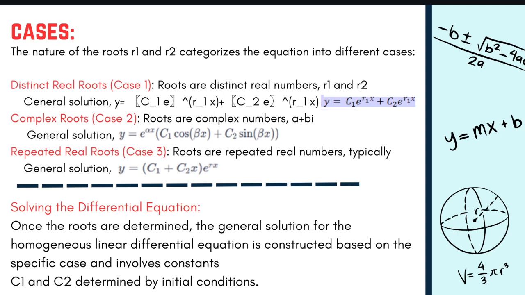Distinct real roots, case 1. The roots are distinct real numbers r1 and r2. The general solution is y equals c1 e^(r1 x) plus c2 e^(r2 x).